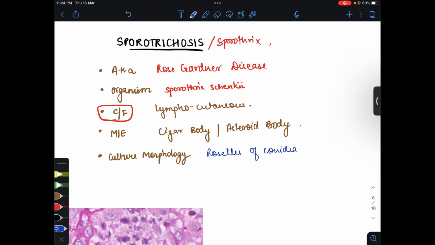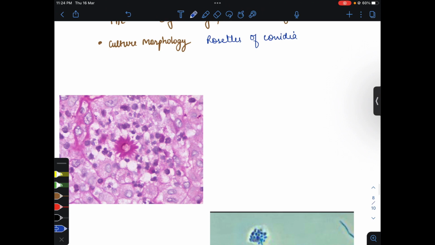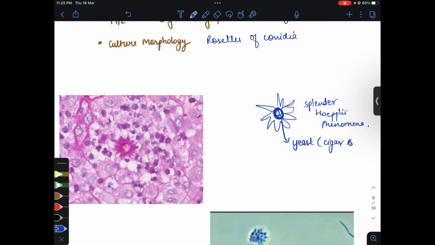Now in this image, as we can easily see, this is an asteroid body, like this one is a cigar body, and around this some Splendore-Hoeppli phenomenon will be there. In the center is a yeast, or we can say cigar body, and around it the Splendore-Hoeppli phenomenon will occur.